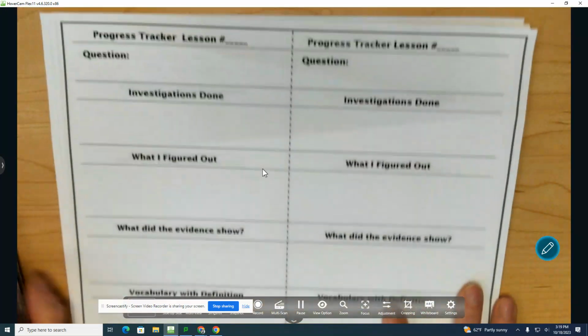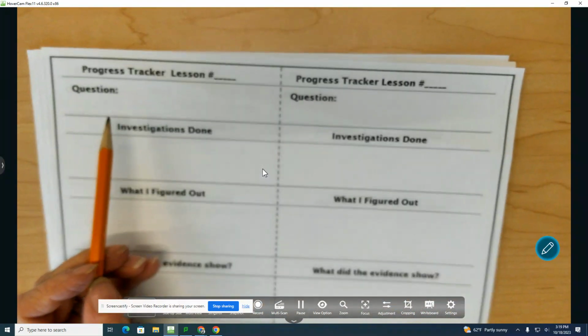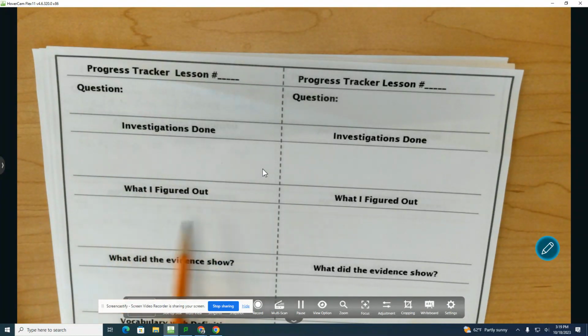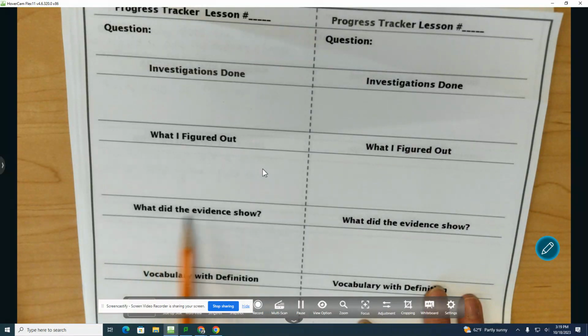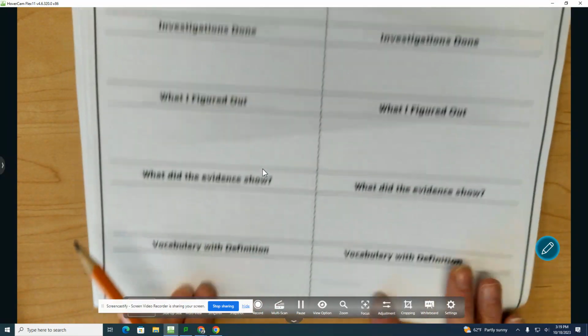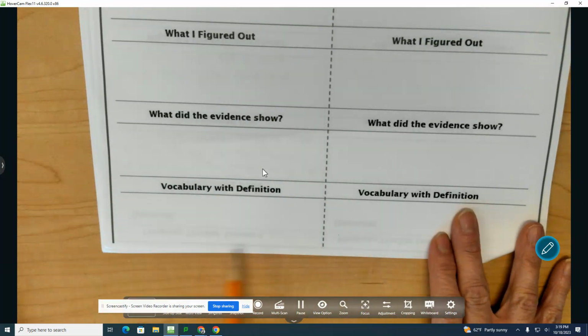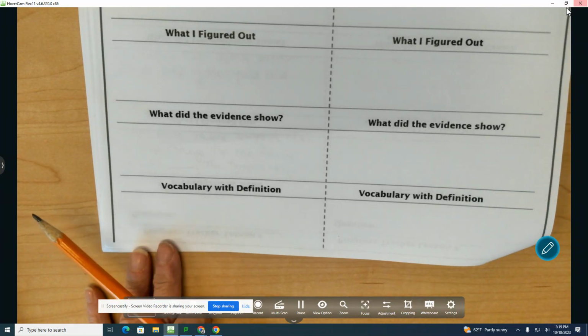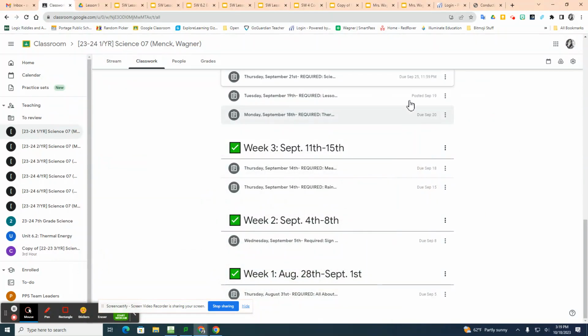So for each of those lessons, there are 7 of them. You're going to write the question, what investigation was done, what did we figure out from that lesson, what does our data show, what's the evidence, you have to list what the data shows, what vocabulary did we learn from that particular lesson.